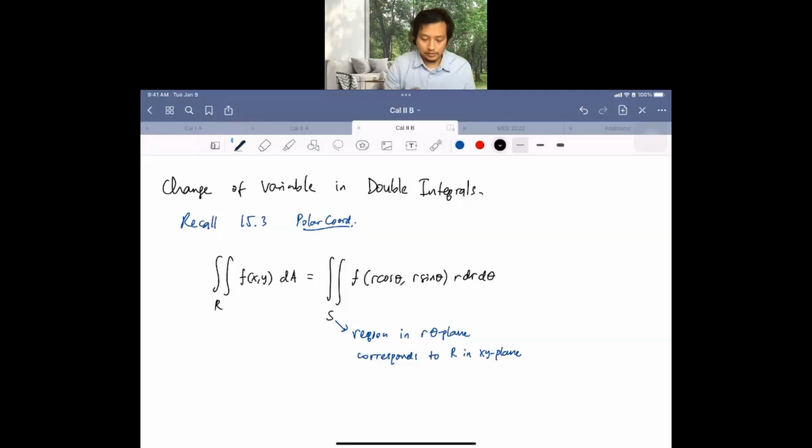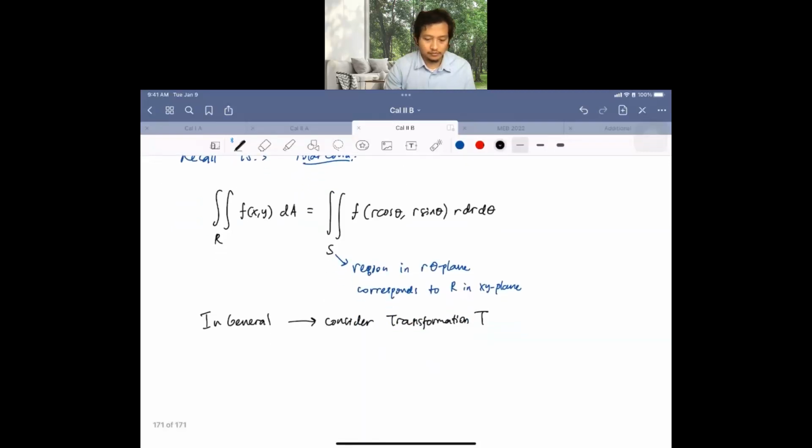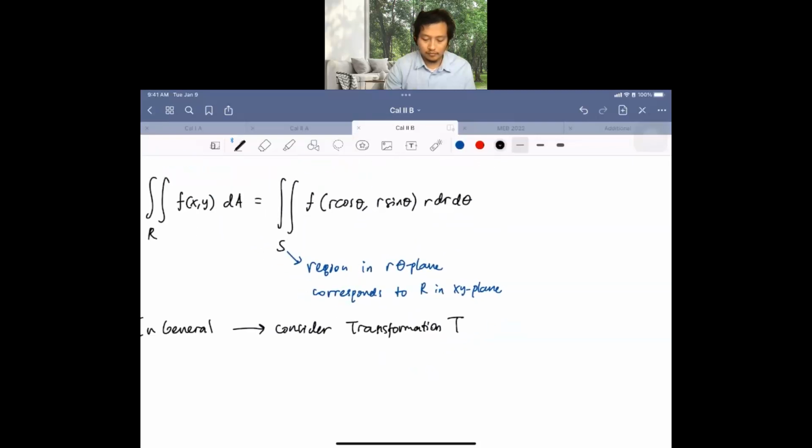So in general, we can consider a transformation T from the UV plane to the XY plane.